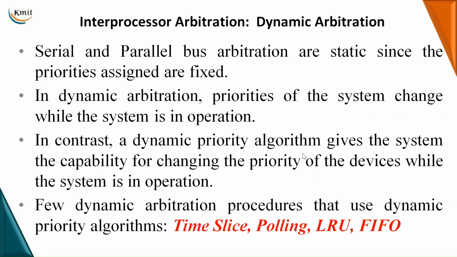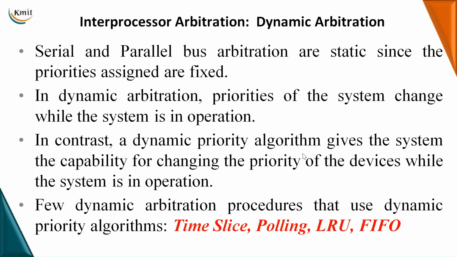But in dynamic arbitration techniques, the priorities of the system change while the system is in operation. This dynamic priority algorithm gives the system the capability of changing the priorities of the devices while the system is in operation. That's why we call this technique a dynamic arbitration technique.